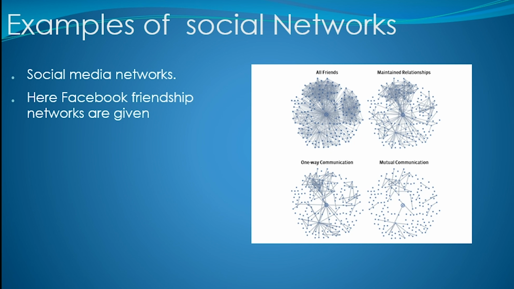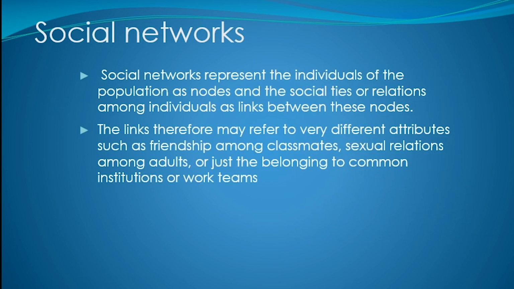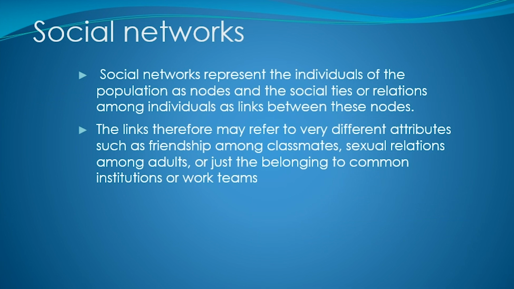You, your friends, and their friends. Individuals are nodes, and social ties or relationships are edges. And links may refer to many different attributes, just friendship or some relationship or belonging to common institutions, etc. So two persons are linked if they belong to a common institution.